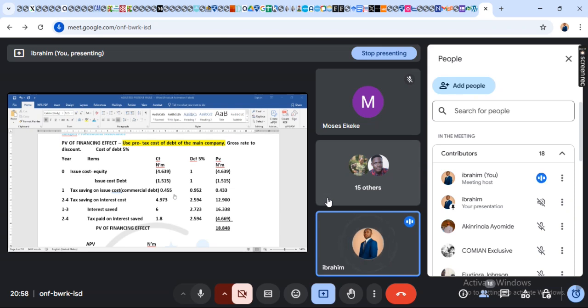They are all debt, so which one of these debts will you use? You use the commercial rate, and that is why we use the 5%. I needed to correct that and lay emphasis on it so that you understand that you use the commercial rate.